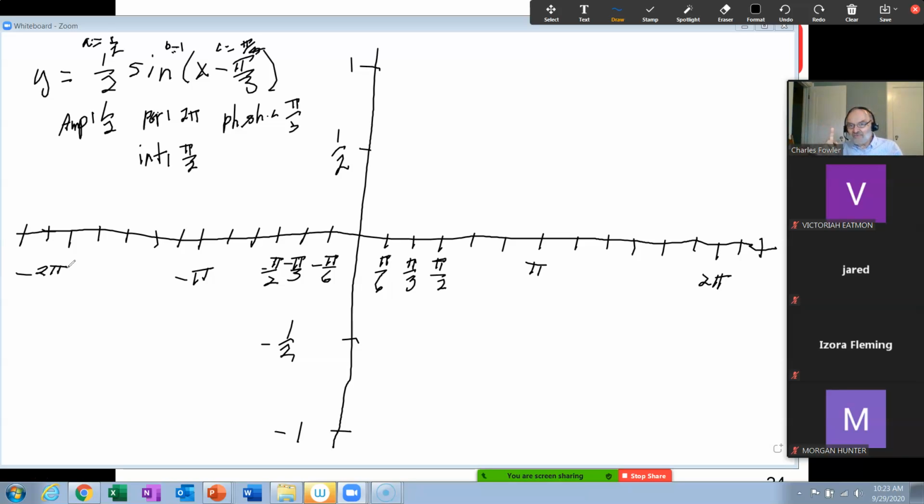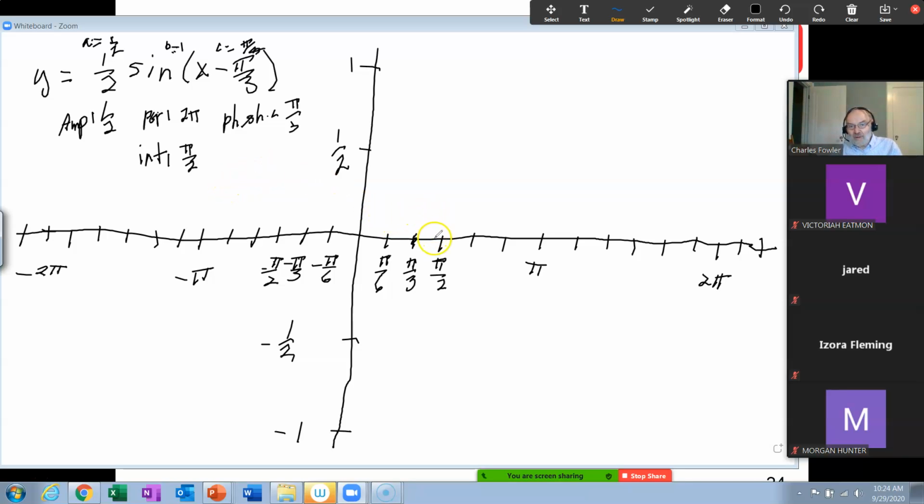Now, start with the phase shift. That's pi thirds. To the right, because it's a minus sign, remember, to the right, that's where we start. Where does sine usually start? At 0. Now we go to our intervals, pi halves. Since we have pi sixths as the markers here, we're going to need 3 sixths of a pi to be pi halves.